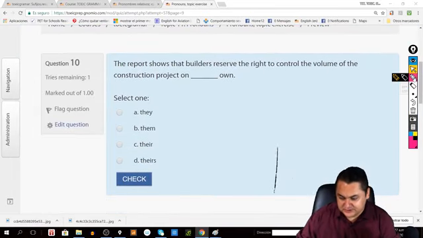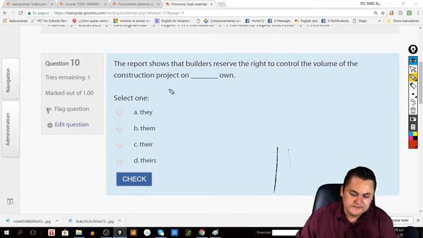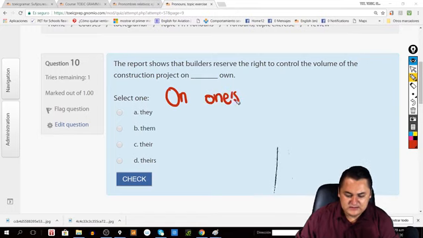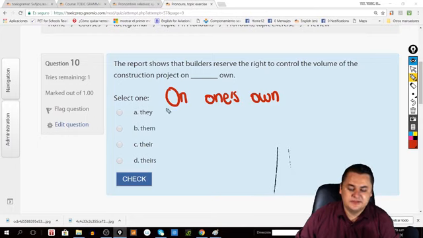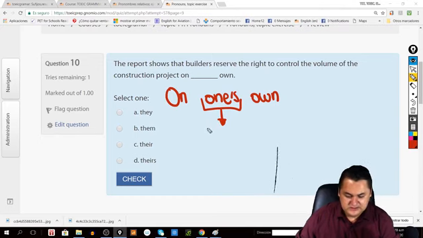Another fixed expression we have here to understand is this: own. One's own, meaning doing something by yourself, for example. One's own means that we need to use the possessive adjective.